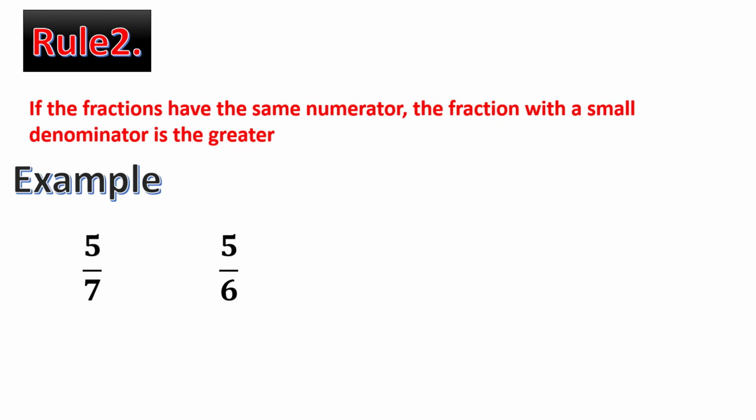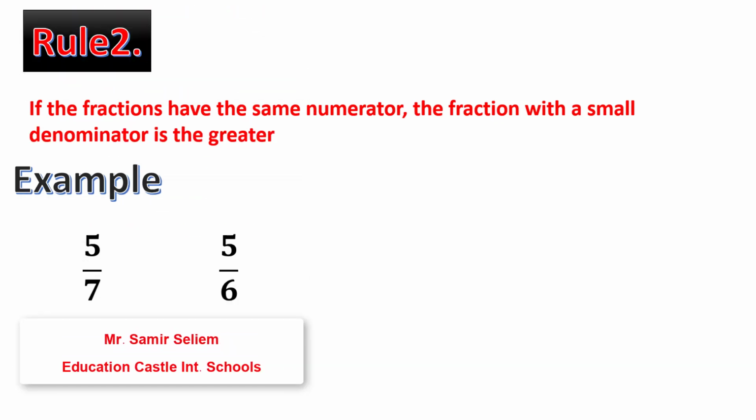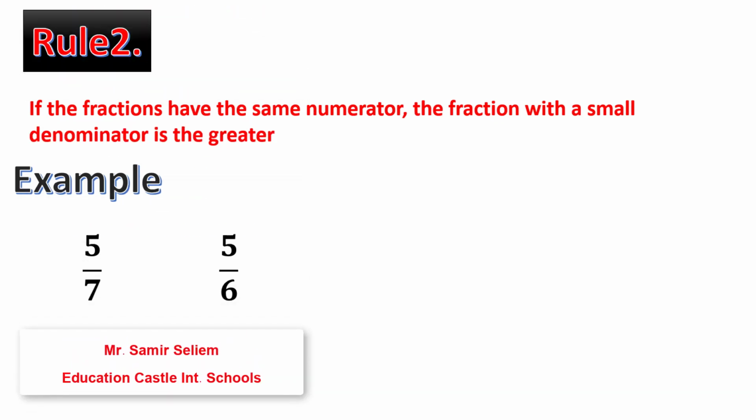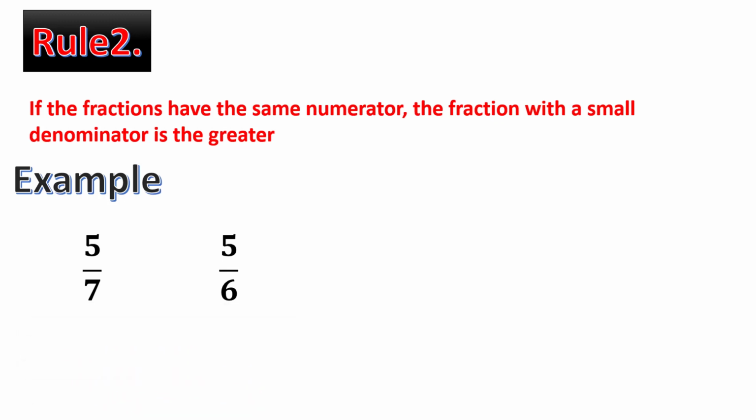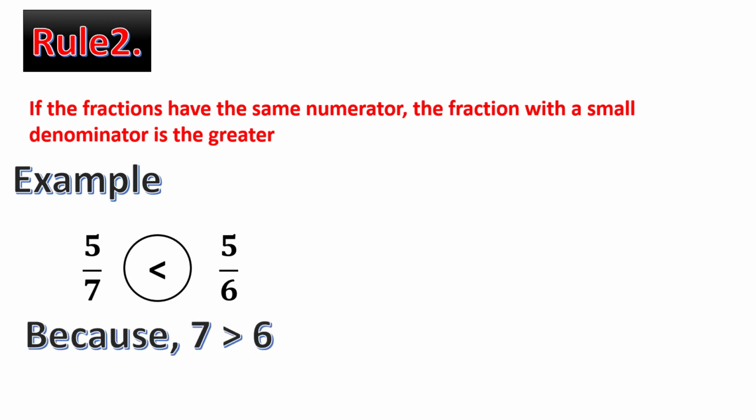We have here the same numerator, 5 and 5. But look at the first fraction, 7 and 6. Which one is the greatest? 7 is the greatest. So we have here the fraction 5 over 7 is less than the fraction 5 over 6. Why, guys? Because here 7 is greater than 6.